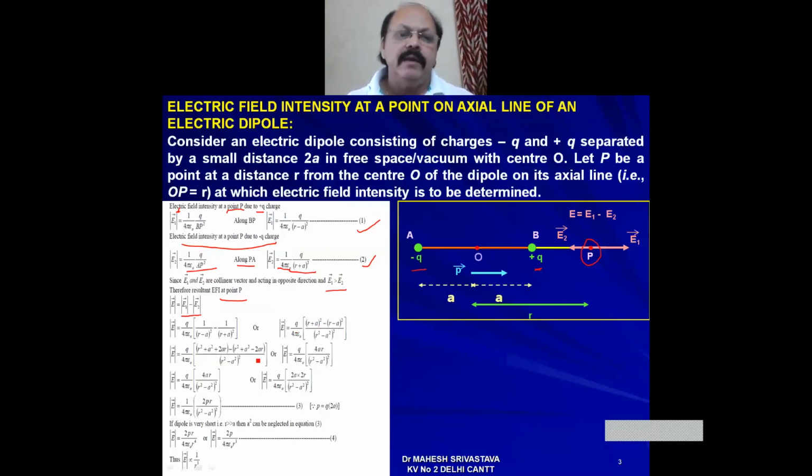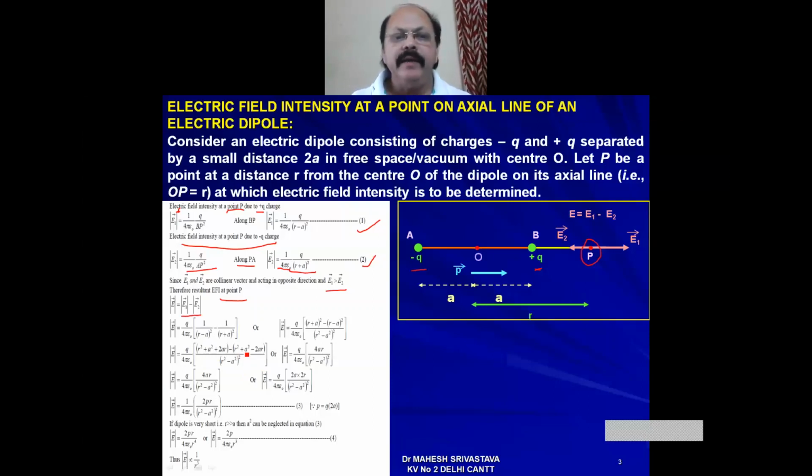Then |E| equals q upon 4 pi epsilon naught, and this becomes [(r square plus a square plus 2ar) minus (r square plus a square minus 2ar)] upon (r square minus a square) whole square.